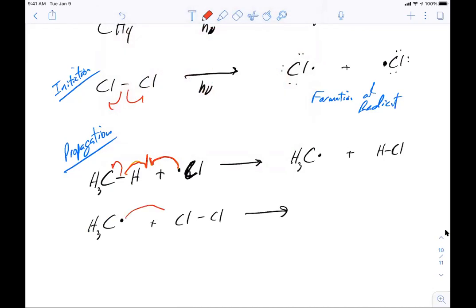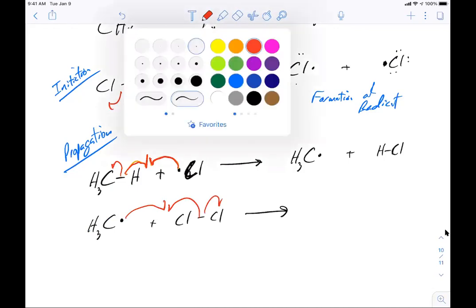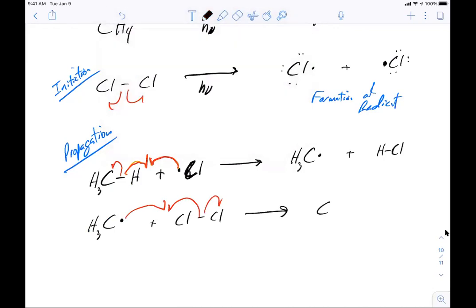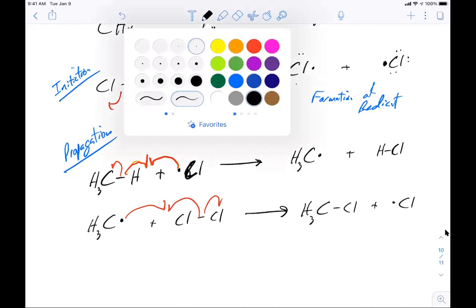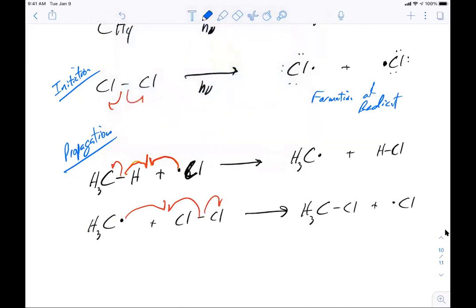So then we get a carbon reacting with chlorine to give me the product that I was expecting, plus the chlorine radical. One of the features of propagation is that the radical we start with should be the radical we finish with.